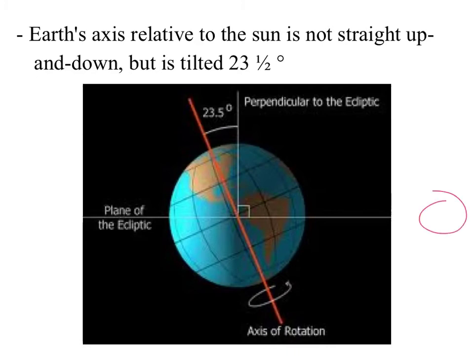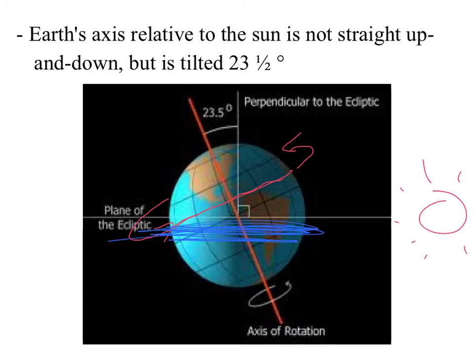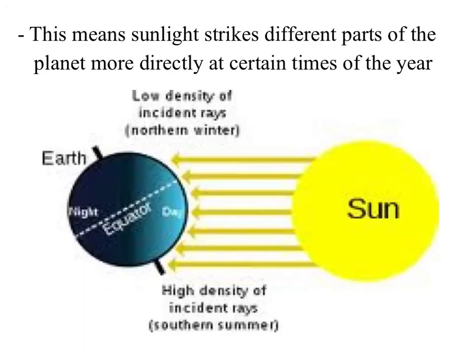So, again, if the sun is over here, the Earth is going to be rotating along like this, not rotating flat like this. And that is important because it means that the sunlight strikes different parts of the planet more directly and for longer periods of time at certain times of the year.